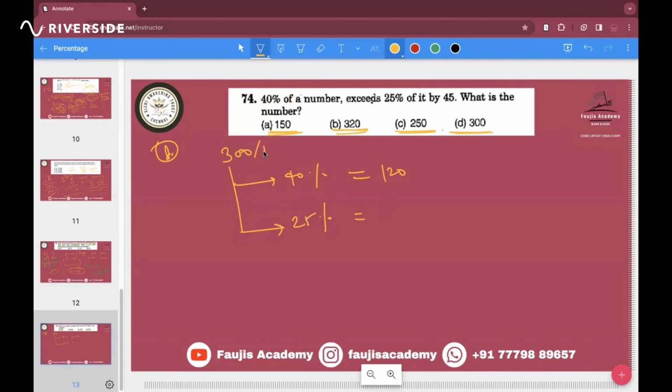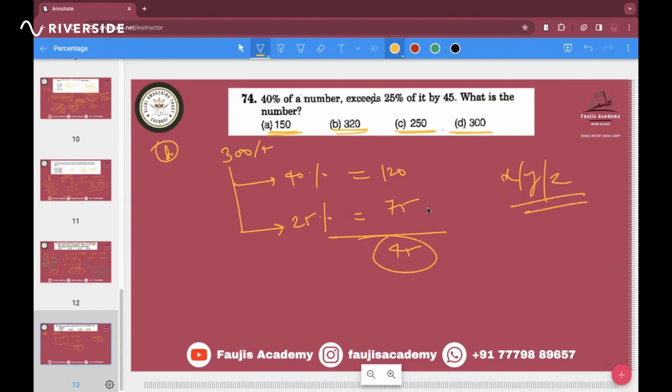Divide by 4, yeah, that's it. 75. What is the difference? 120 minus 75. 45. Is it satisfying the whole criteria that they are saying? There is no usage of X, Y, Z or anything like that.